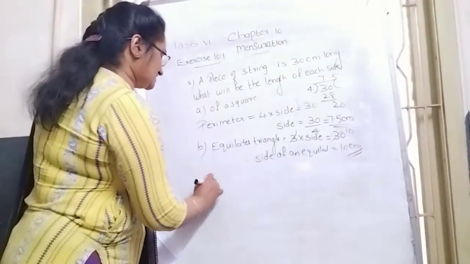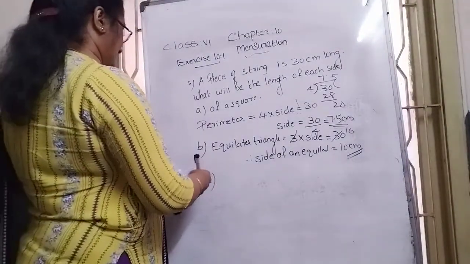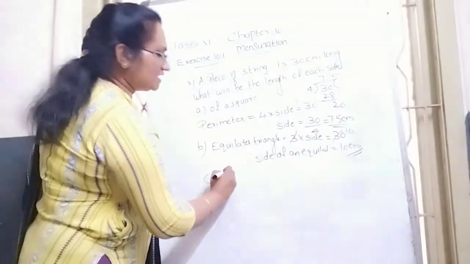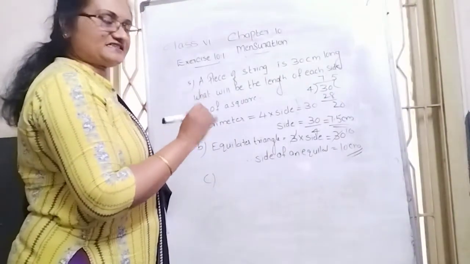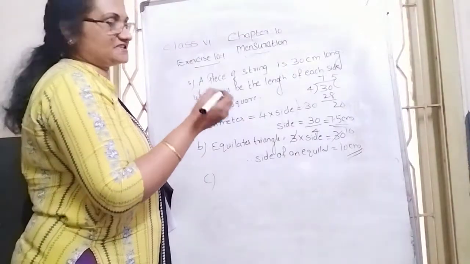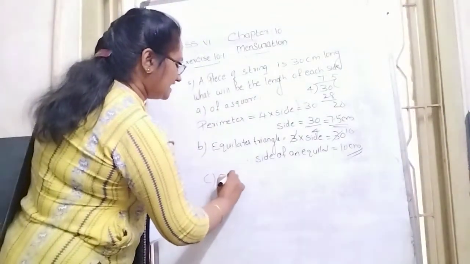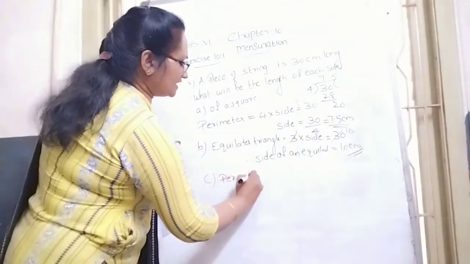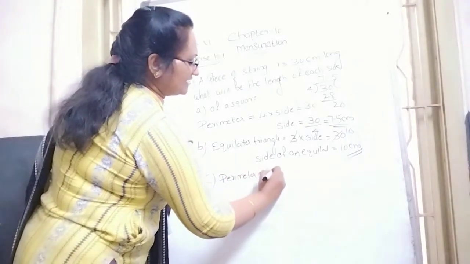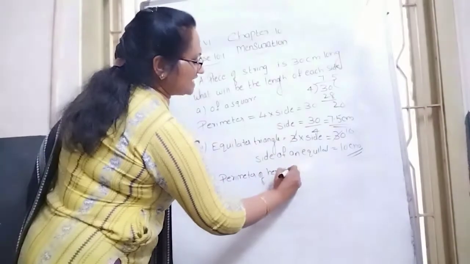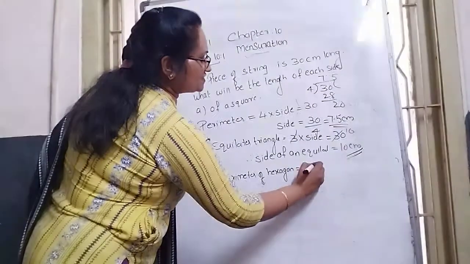Next, C question. They are asking another diagram, the regular hexagon case. Find out the side of a regular hexagon. Hexagon has how many sides? 6 sides. So perimeter of a hexagon, formula is 6 into side.